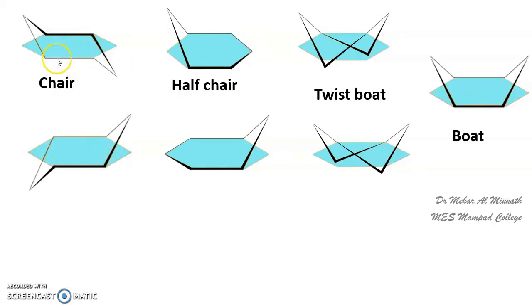So when there is a flipping from this chair form to this chair form, the cyclohexane passes through all these various conformations. Now we did discuss the energy of these conformations a bit. We'll discuss much more in detail regarding the energy and also the stability of these various conformations.